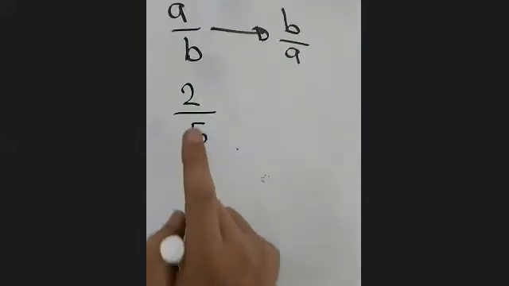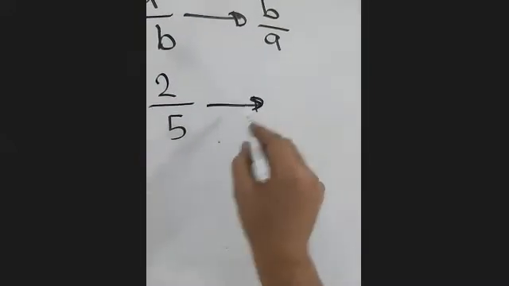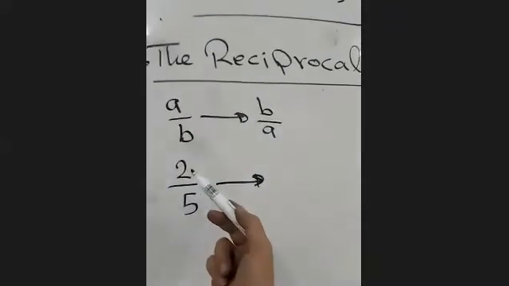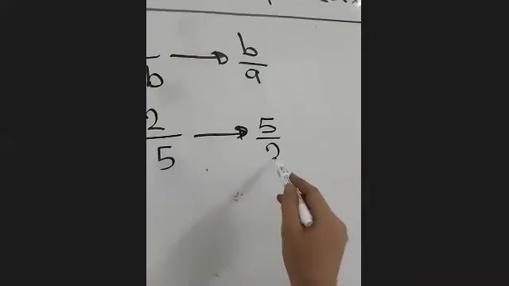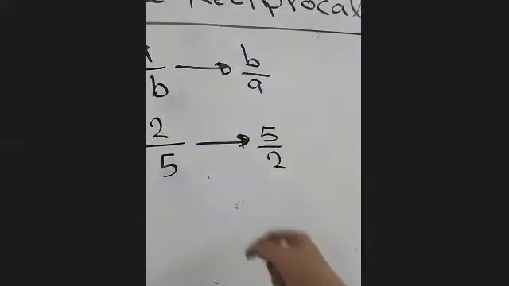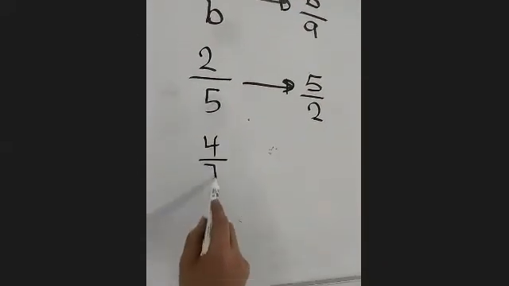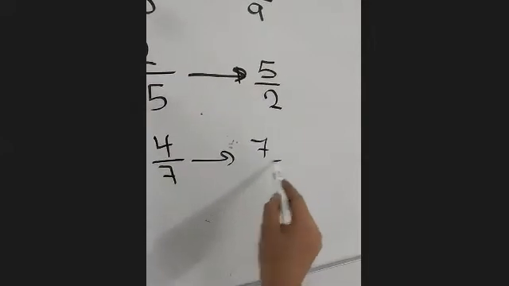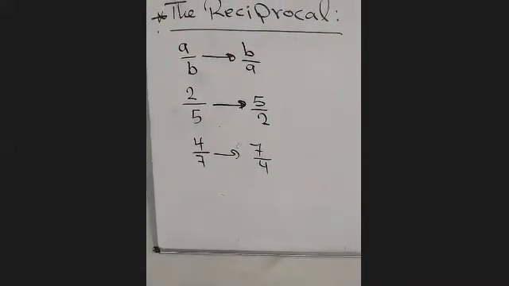Put an arrow, like this. The reciprocal of 2 over 5 is 5 over 2. We flip or switch the two numbers. For example, the reciprocal of 4 over 7 is 7 over 4.